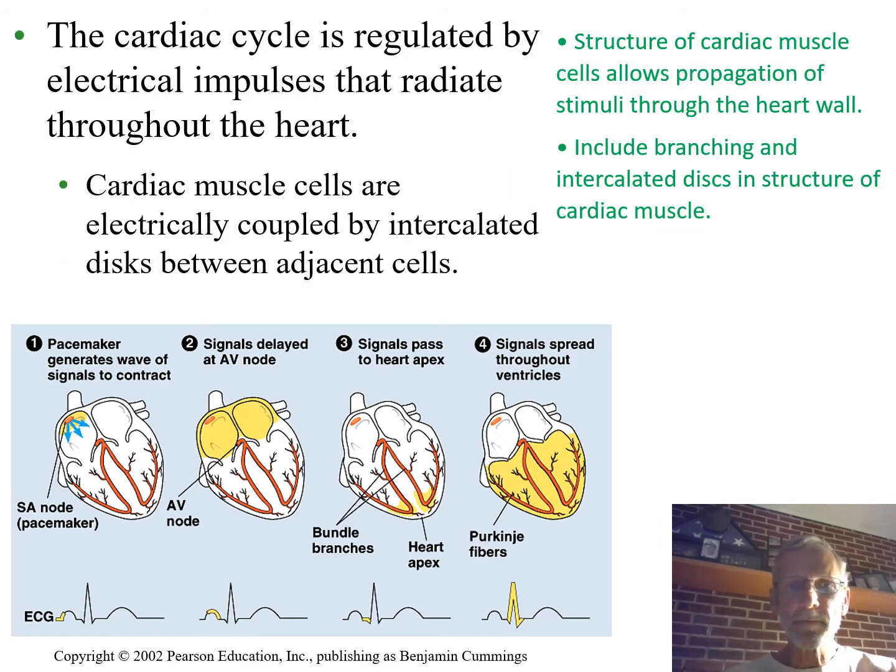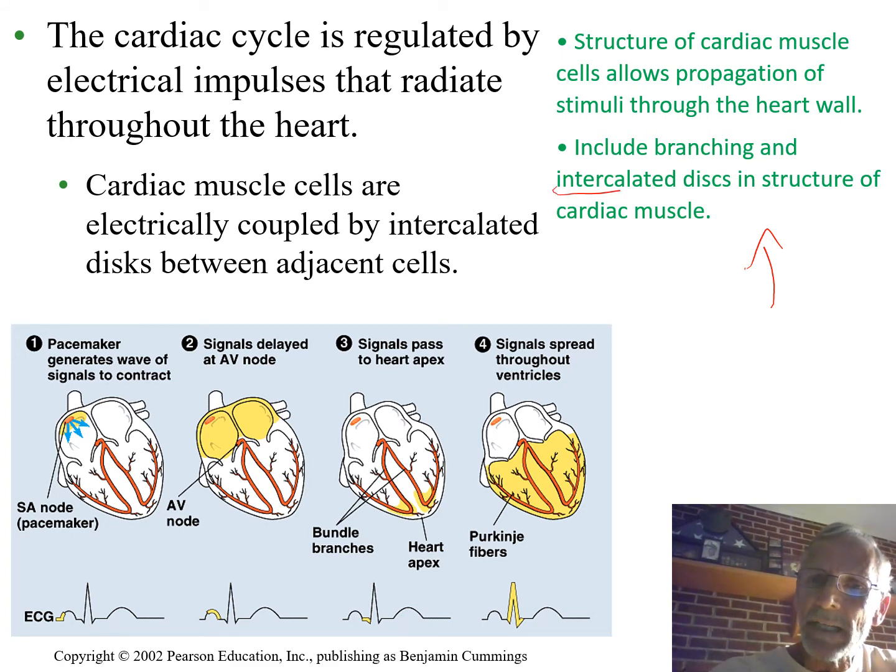Here. So here is in green again. Okay, so what this is about is just a structural, functional adaptation evolution thing. It could be part of a story they tell you. But the muscle cells that make up this special kind of muscle that we only find in the heart, which we call cardiac muscle, have a couple of key differences between it and your regular muscle cells like your bicep muscles.